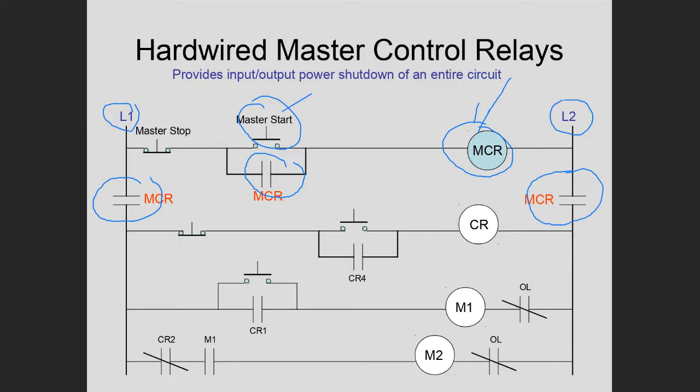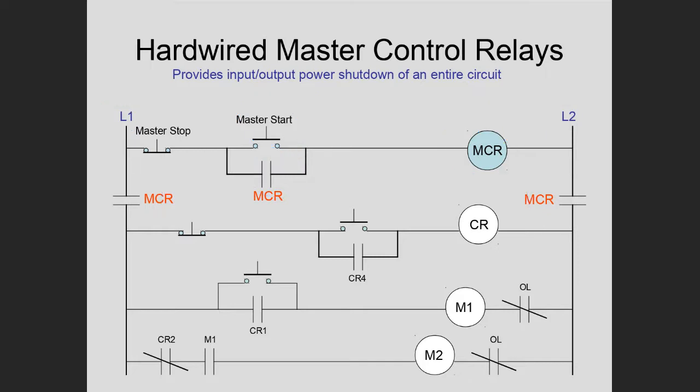And so what this master start, master stop does is, if this rung is true, that first rung, then these vertical contacts are closed, and basically the ladder will operate normally. If you hit this stop button right here, it'll open up these contacts, and basically it's like a main circuit breaker or main fuse. It'll cut power, and the rung will no longer operate.